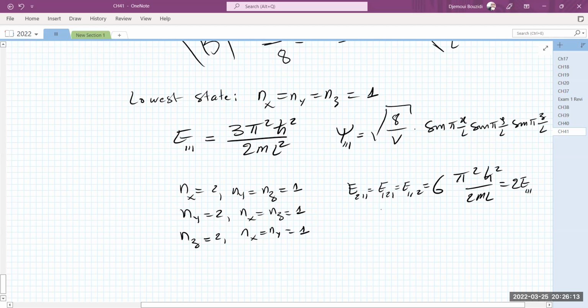So this is just twice as much as we had in the lowest energy level. So these states are clearly different from one another because each and every one of them corresponds to a different wave function. Let me write these wave functions in here.